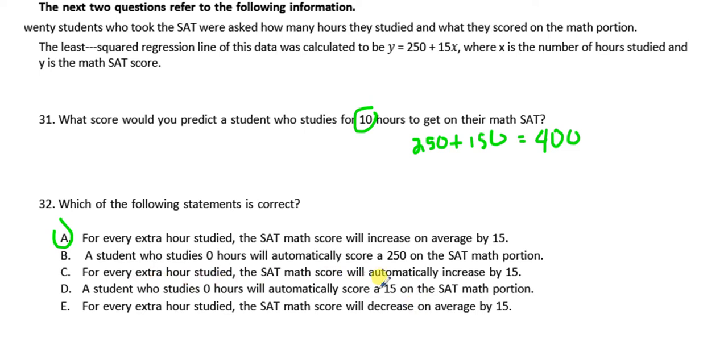Can't say it's going to automatically, it's going to score something. And it won't automatically increase, but that's what you would predict. So anything with automatically, you can eliminate. So this one's fairly easy. They're either going to get a better score, or every time you study more, that's going to go up 15.